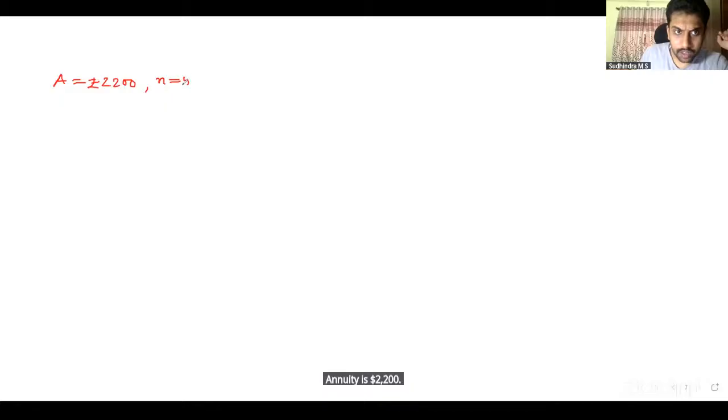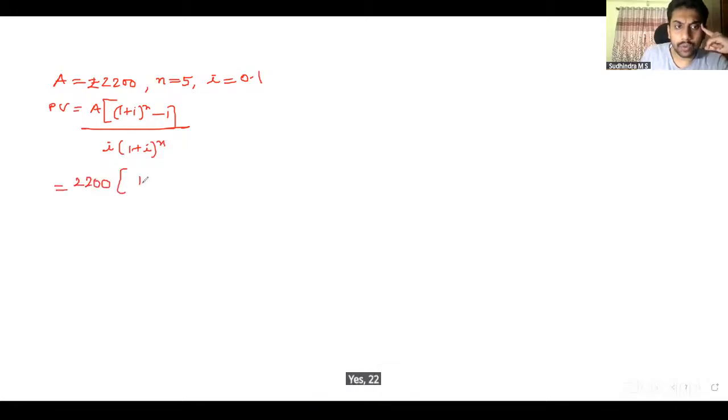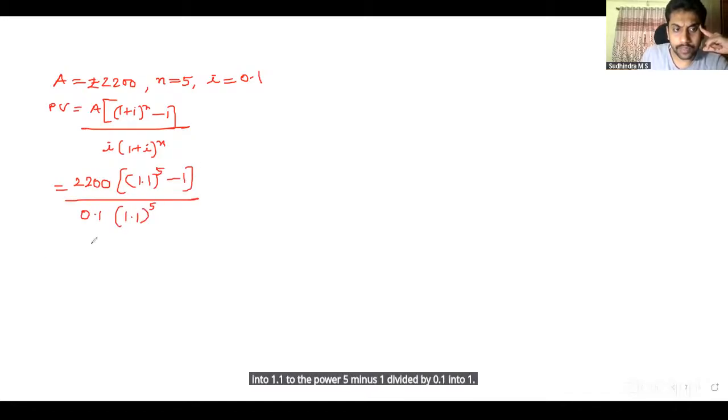N is 5 years. I is 0.1. Same present value formula: A into (1 plus I to the power n minus 1) divided by I into (1 plus I to the power n). A is 2,200 into (1.1 to the power 5 minus 1) divided by 0.1 into 1.1 to the power 5.